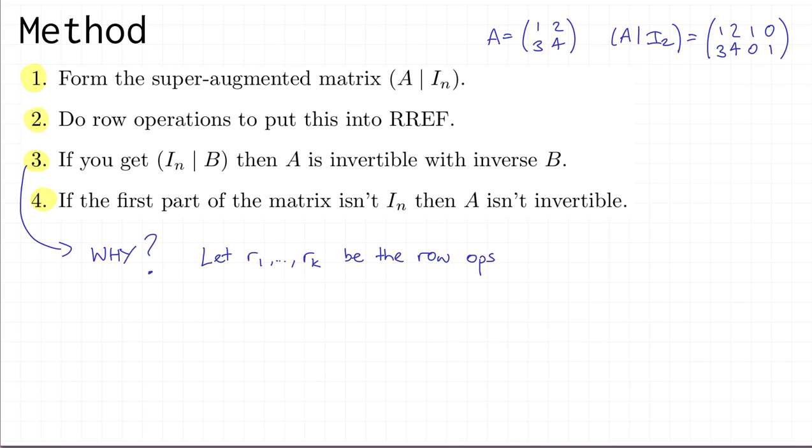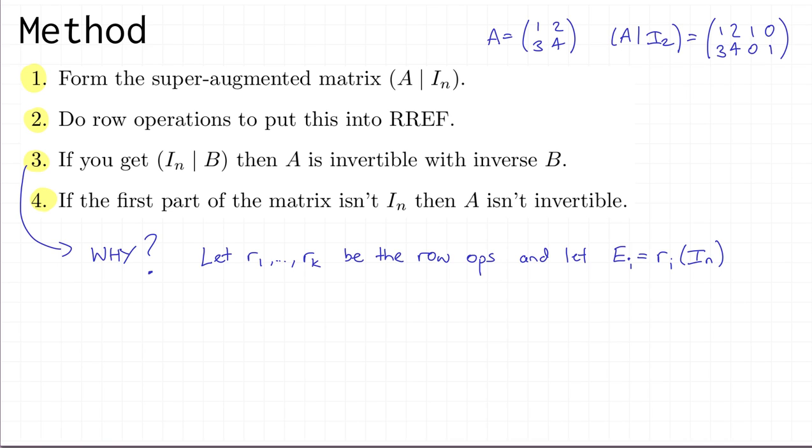Corresponding to those row ops, we have elementary matrices. We let Ei be the elementary matrix Ri done to the identity. So doing these row ops was the same as left multiplying by the elementary matrix Ei.